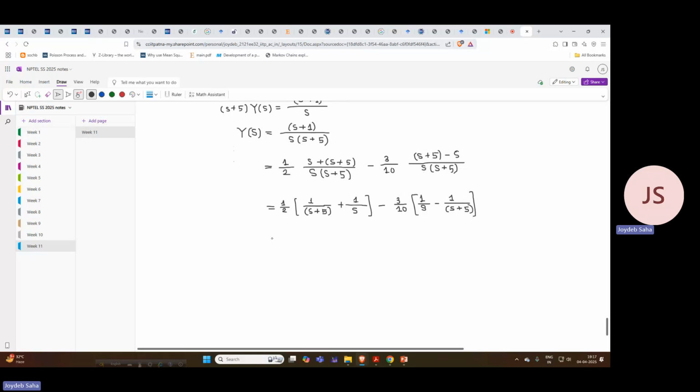Is equal to 1 upon 2s minus 3 by 10s. So let us write it first.